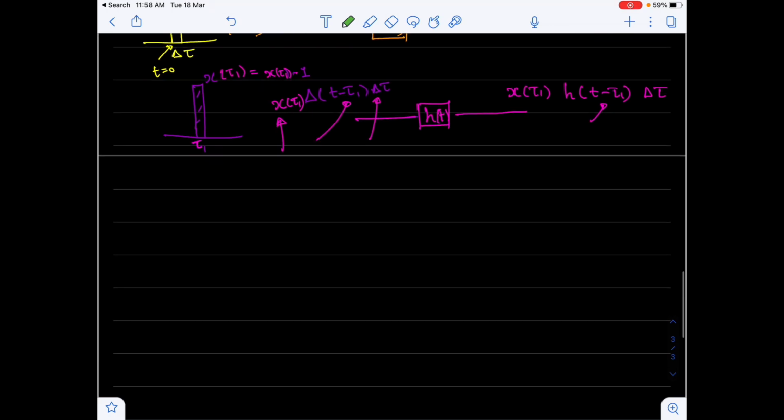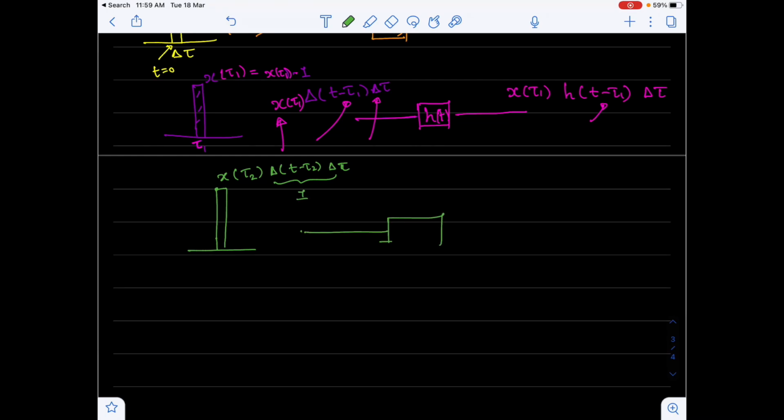For the next piece the amplitude is x(tau 2), so I can write it as delta(t minus tau 2) in the same way, also multiplied with delta tau, because this factor will become 1 anyway. Now I will redraw h(t) again. The output will be shifted to h(t minus tau 2) and also scaled by a factor x(tau 2) and delta tau. So this is my output.